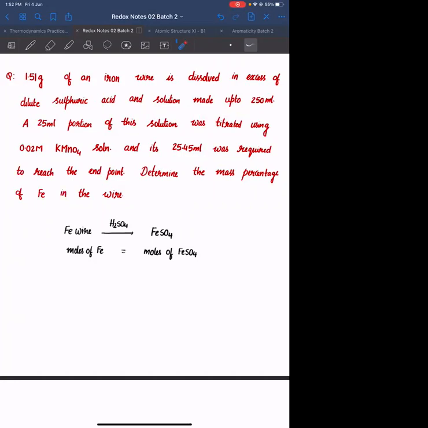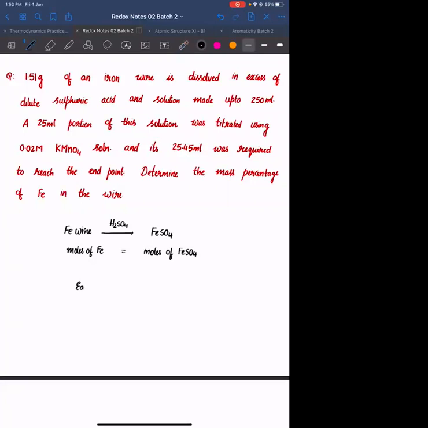Okay. I am making this FeSO4 solution up to 250 ml, and taking 25 ml out of the 250 ml. So the entire solution will have M molarity, and the 25 ml portion of it will also have M molarity. I am titrating that solution with KMnO4. Agreed?